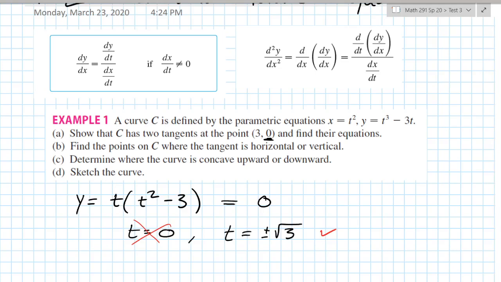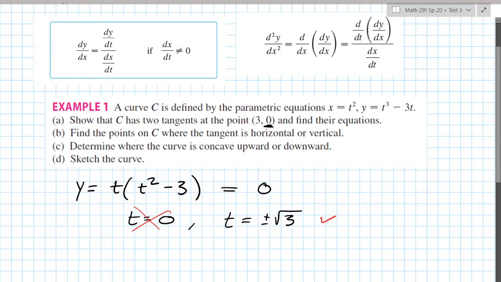Alright, so we want to find the equations of the tangent line, so we need to know the slope of the tangent line. That is, we want to know what dy/dx is. In order to find dy/dx, we should find dy/dt. dy/dt is 3t squared minus 3. And we need to know what dx/dt is. dx/dt is 2t.